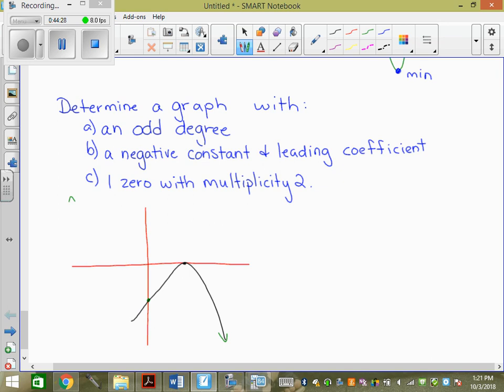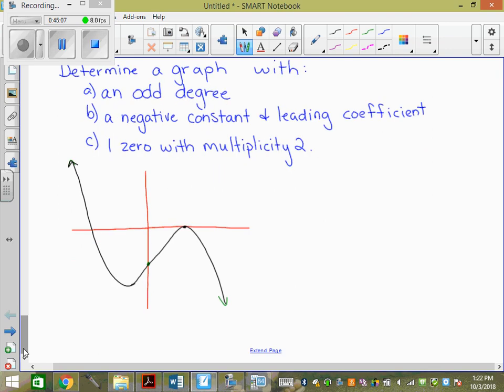Then what could I do? Just go up. I'm done. No, a multiplicity of 2 means there's 2 there. So there has to be a bump somewhere on this graph. An x-intercept that occurred twice there.